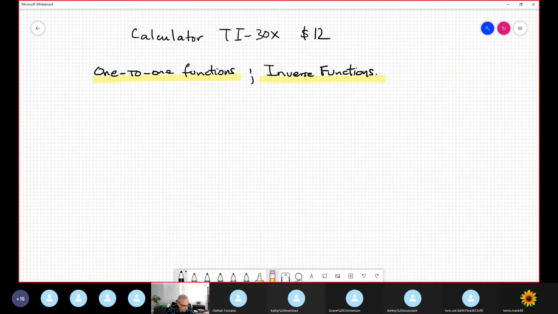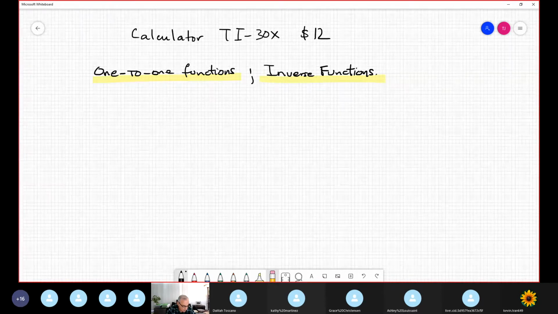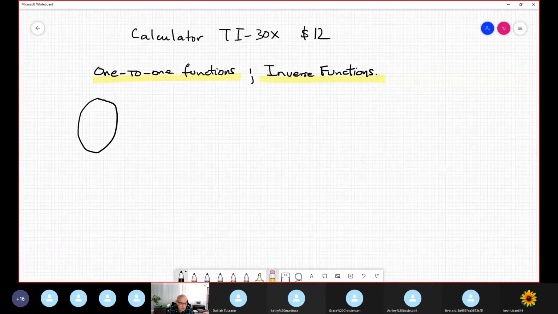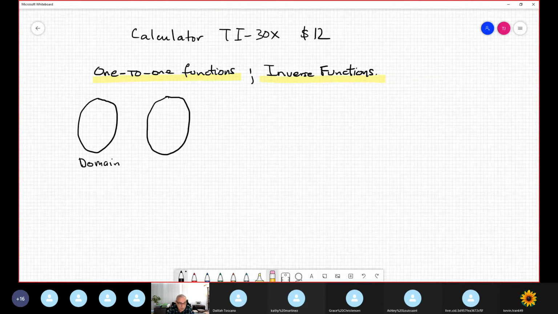Let me recall something. Let me recall the definition of a function quickly, and also the different categories we can find. For example, we have this circle that indicates a set, a domain, and this circle, or this ellipse, indicates the range.